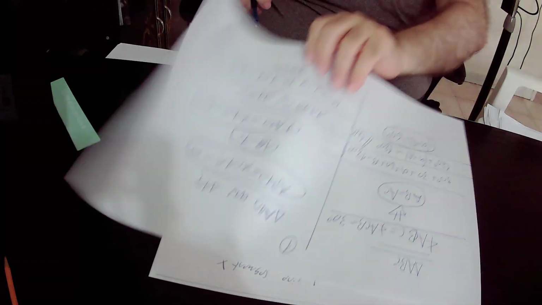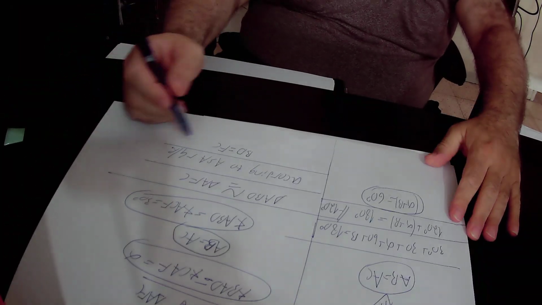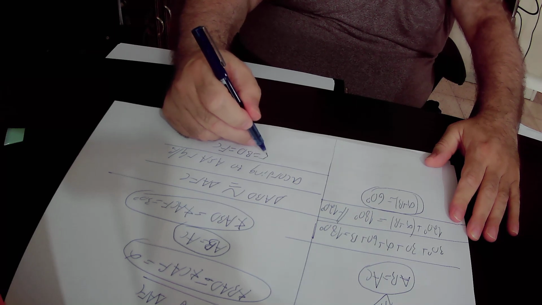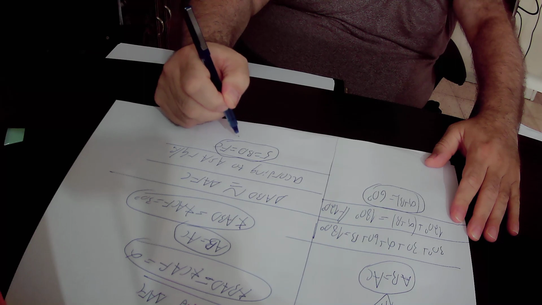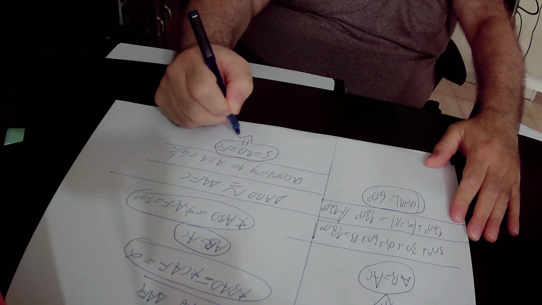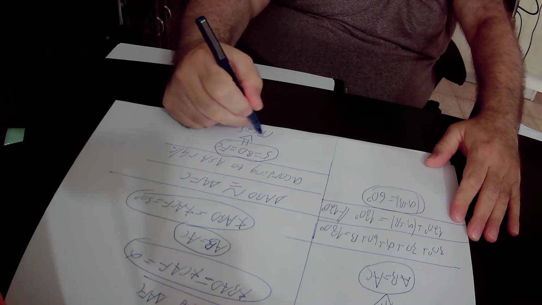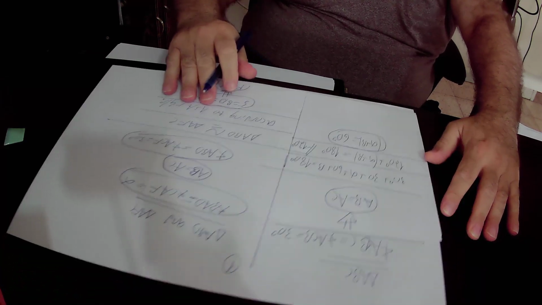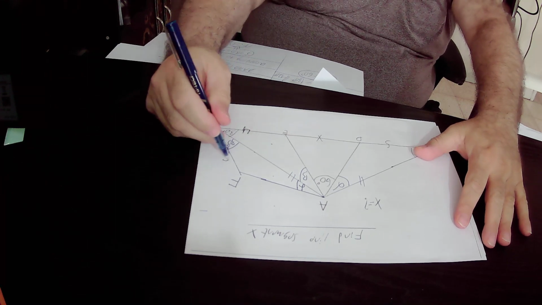Here we can write down that BD equals 5 units, and from this equation, 5 equals BD equals FC, we derive that FC is also equal to 5 units.